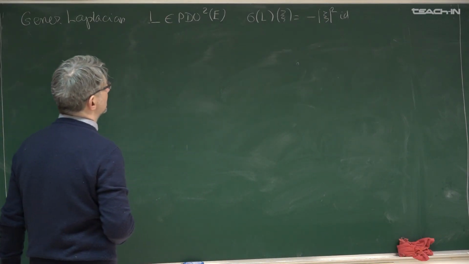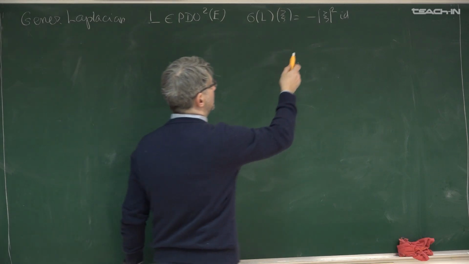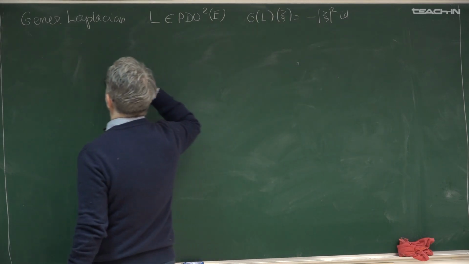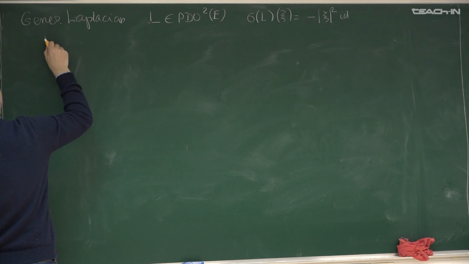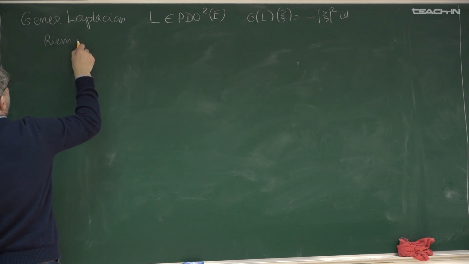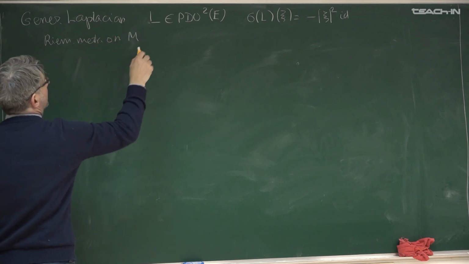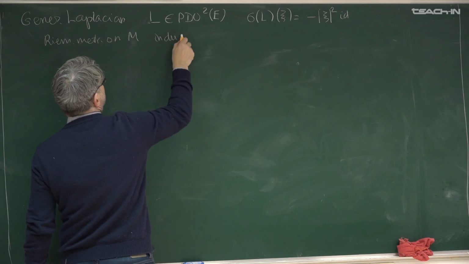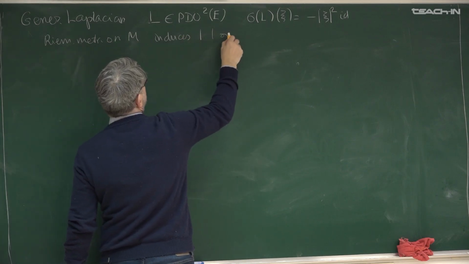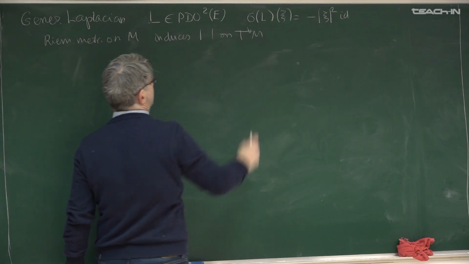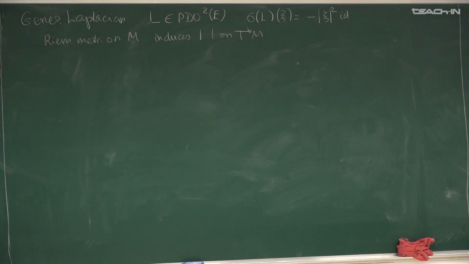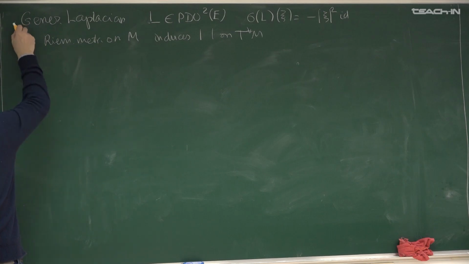To define the norm, we need a Riemannian metric. So to calculate the norm of a cotangent vector, we need a scalar product on the base manifold itself. So what is a Dirac-type operator?